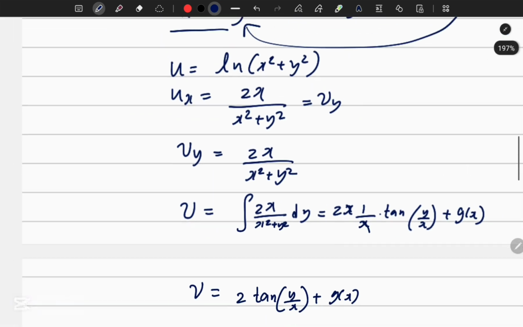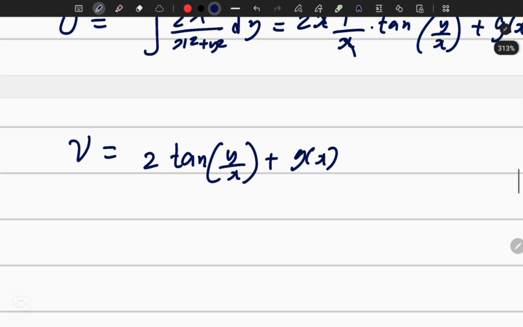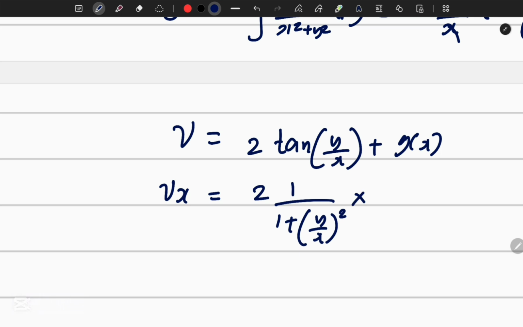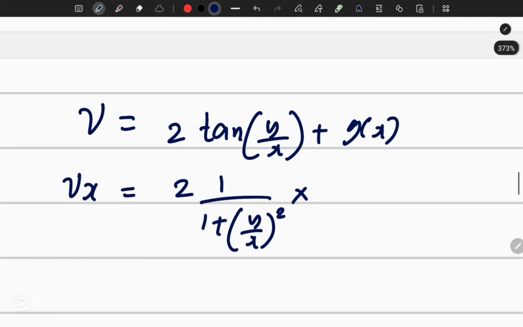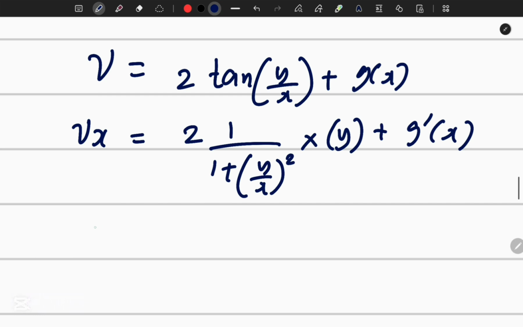Now I am going to differentiate this with respect to x. I know that v_x equals minus u_y. So v_x equals 2 times 1 over (1 + (y/x)²) times the derivative of y/x, plus g'(x).